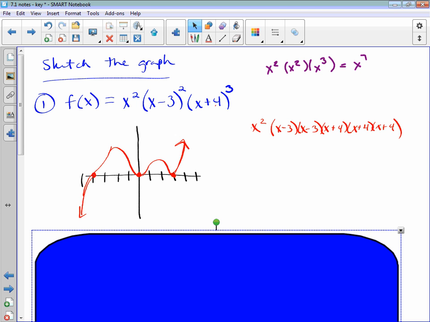That's what a point of inflection is. And then we bounce at 0 and we bounce at 3. Are we okay with this one? Anybody have questions? Should we try again?